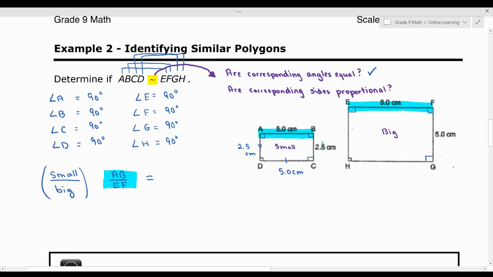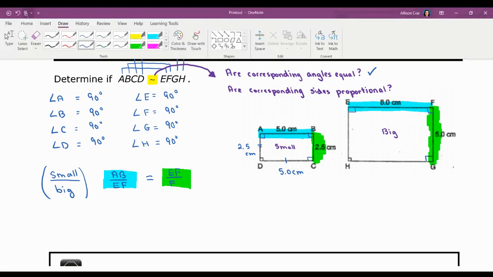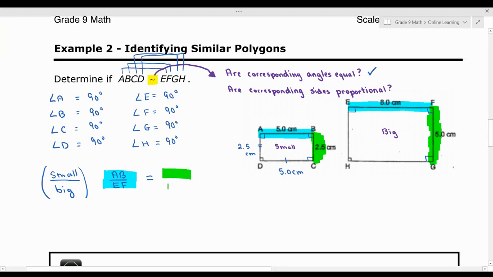So what about BC, we're going to check if it's proportional to FG. Oops, let me fix that. Not the same shape. Sorry, we're comparing from the small BC to FG.